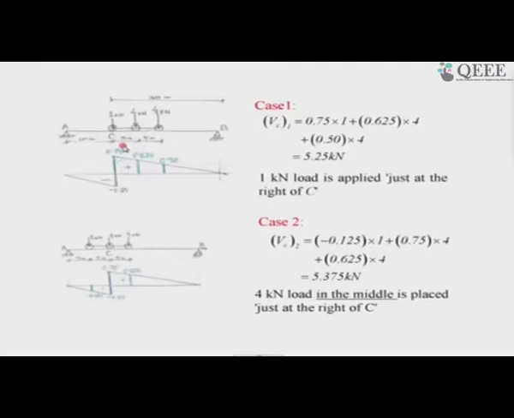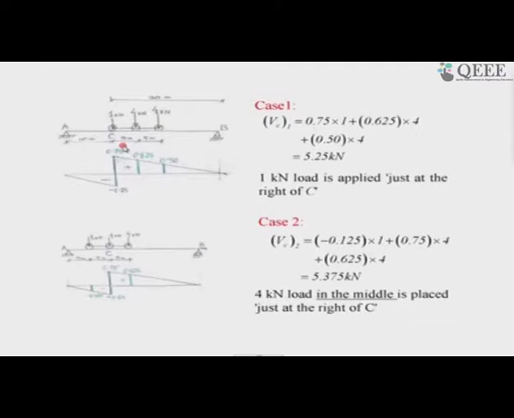Now, case 1 is such that you should be very comfortable with the statement that the loads are just right of C. So, what is just right? You have to digest that it has not crossed C towards its left, and neither is it exactly on C, it is a very small distance away.